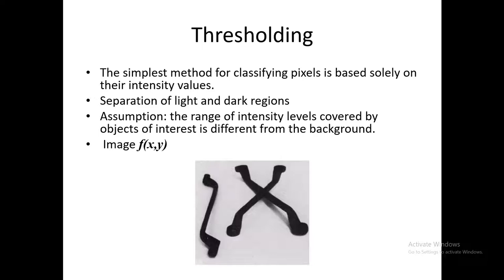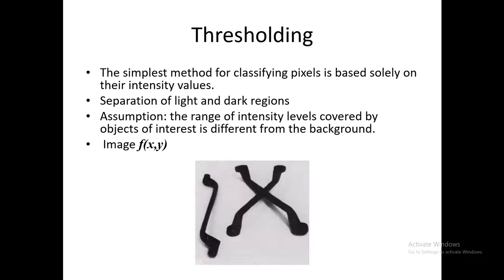Suppose we have an image represented by a 2D function f(x,y), and we assume that this image contains a dark object against a white background. In such cases, if there is a dark object against a light background, or the reverse, a light object against a dark background, then we will find that the intensity values are mainly concentrated near two regions.